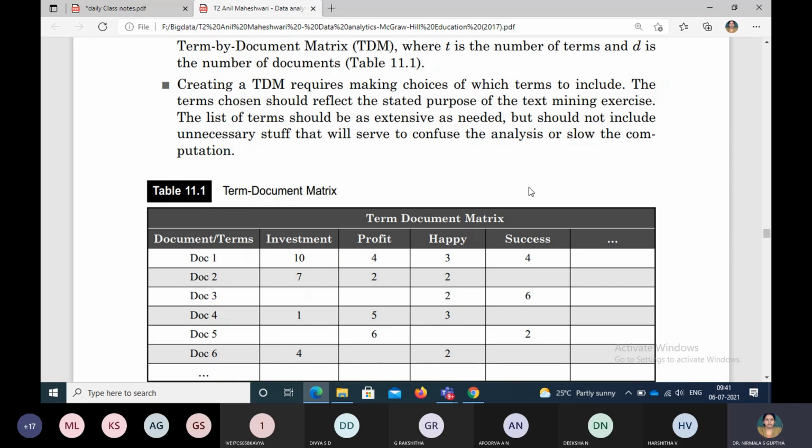The data should be cleaned of spelling errors, and common spelling variants should be combined. All uppercase and lowercase terms should also be combined and kept together. So this is the second consideration when creating the term document matrix.